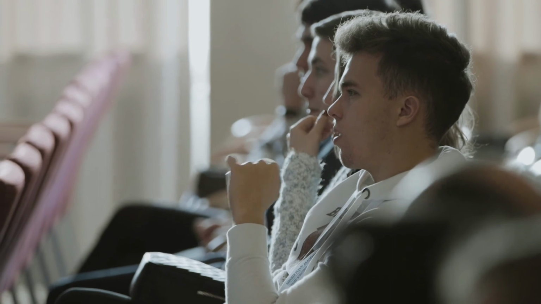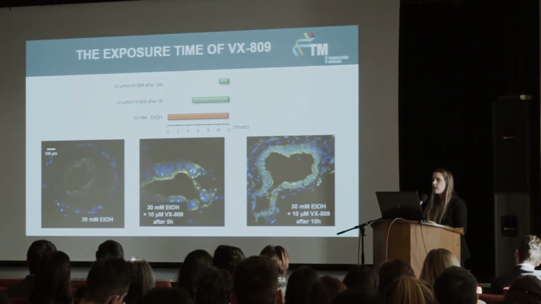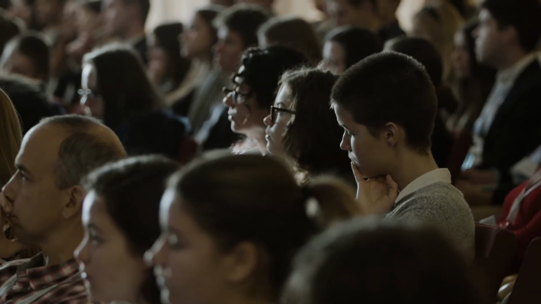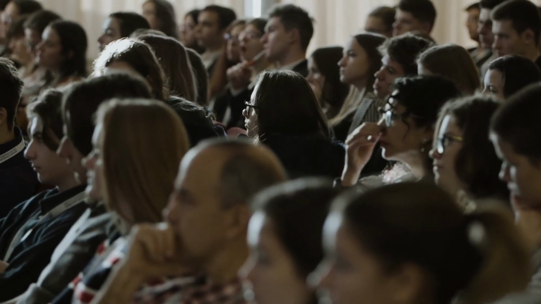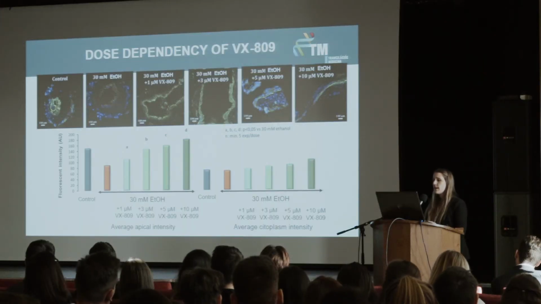After that, we would like to map the exposure time of the corrector. This is an important pharmacological thing to see, and we found that even 2 hours of exposure time was enough for this corrector to make the effect. We also would like to map the dose dependency of this corrector. These compounds are very expensive.